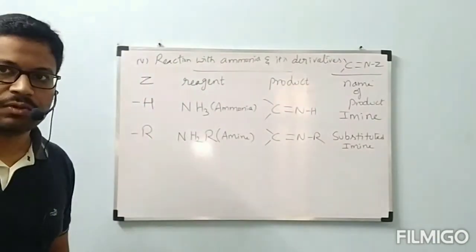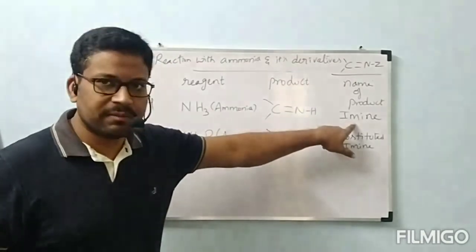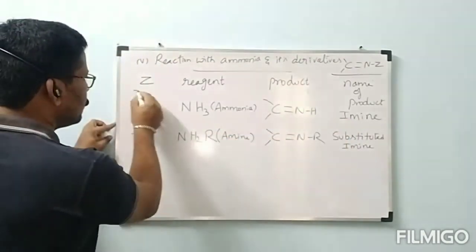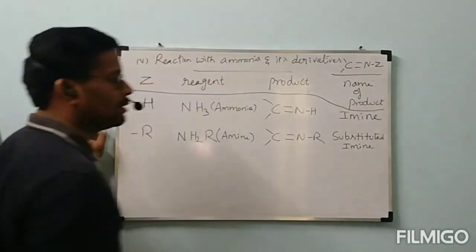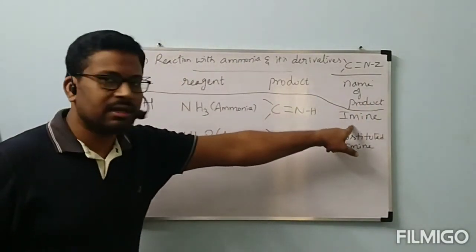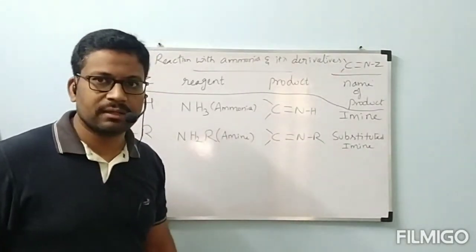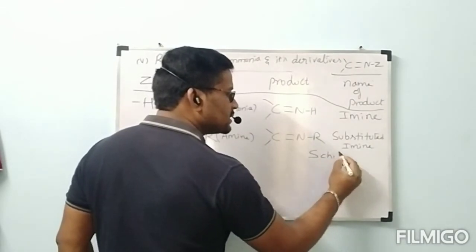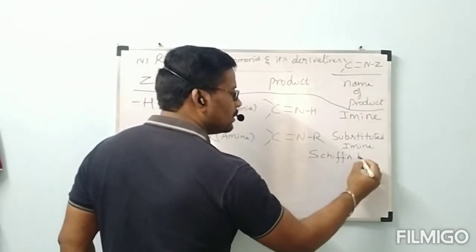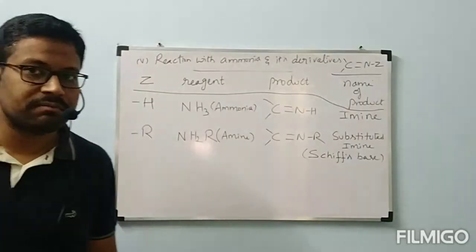If H is there, NH, this is simply called imine. Instead of H, if R is there, that is called substituted imine. This substituted imine is called Schiff's base.